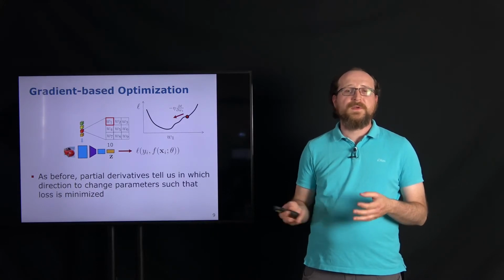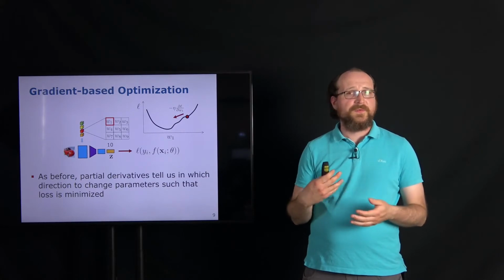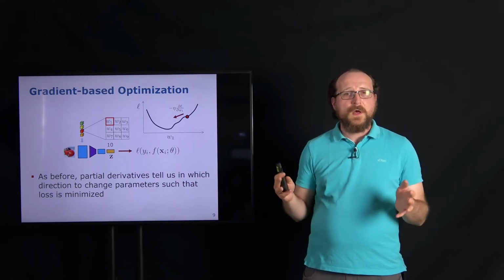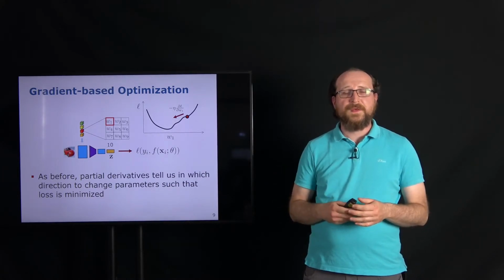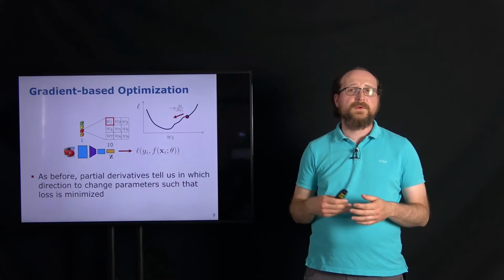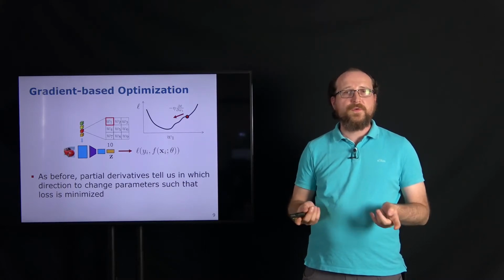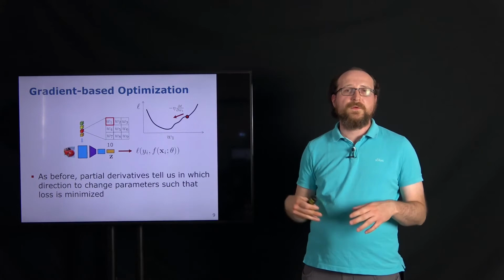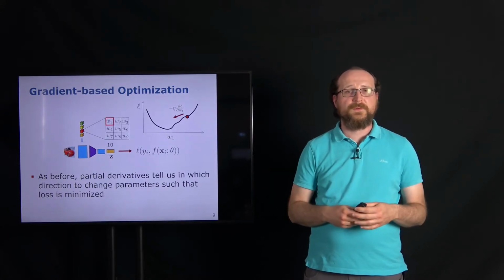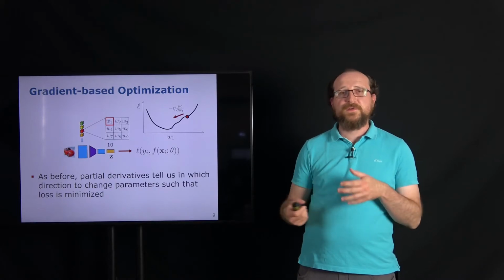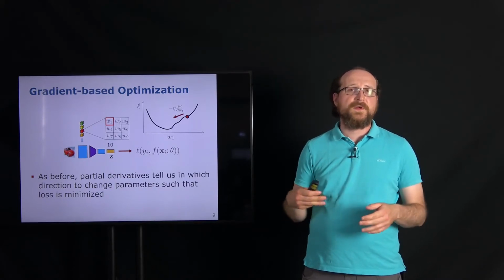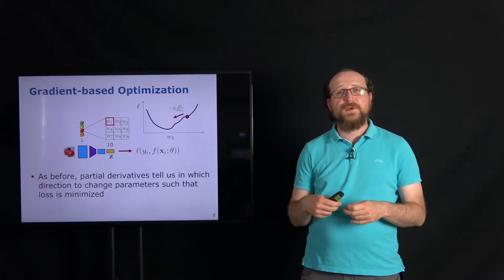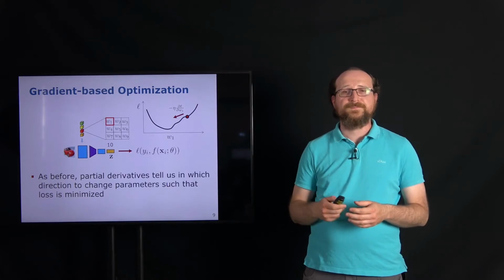In this example here, I plotted the loss for a specific W, but you can think of doing this also for all other W's at the same time. There we are talking about the gradient direction, because we have multiple W's, and this is then a vector on the loss surface, and we want to reach a minimum on this loss surface. The partial derivatives tell us in which direction we have to change the W's, such that we are getting the loss minimized.